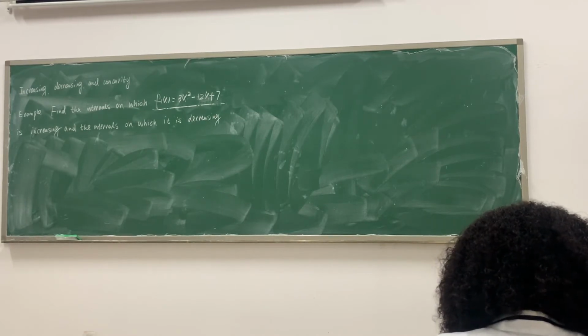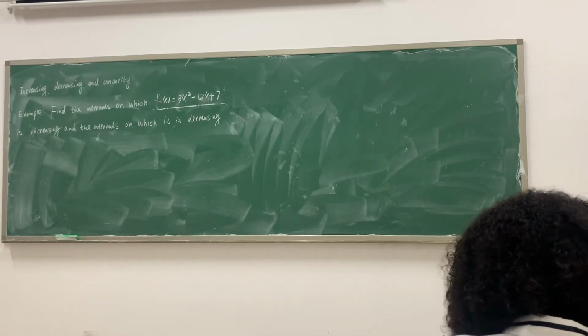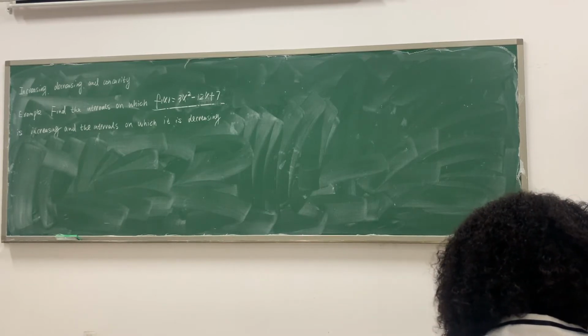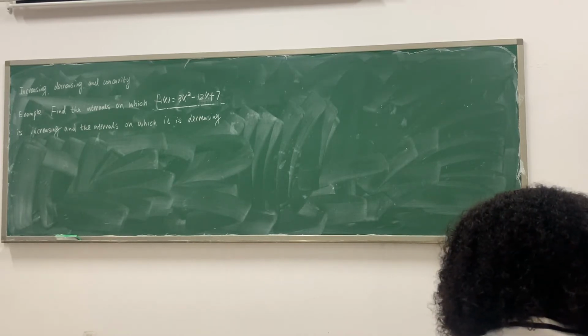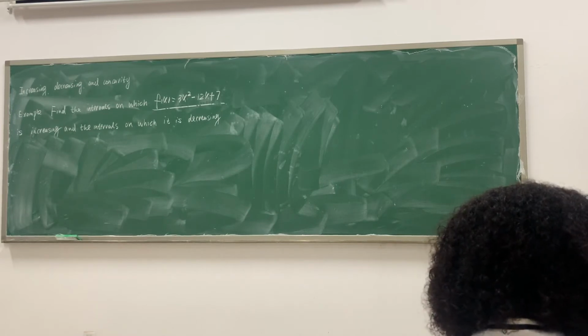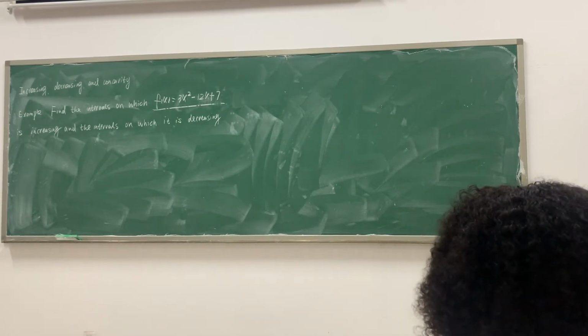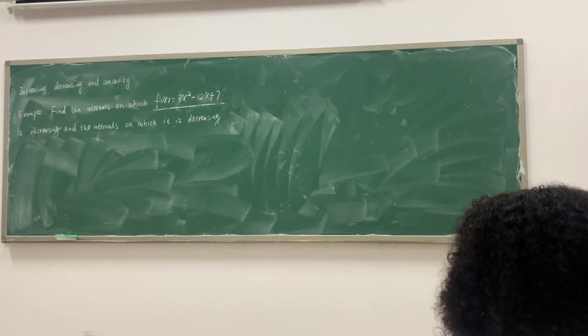Setting f prime equal to 0, we can find x equal to 2. You plot 2, and from minus infinity to plus infinity we have two parts.